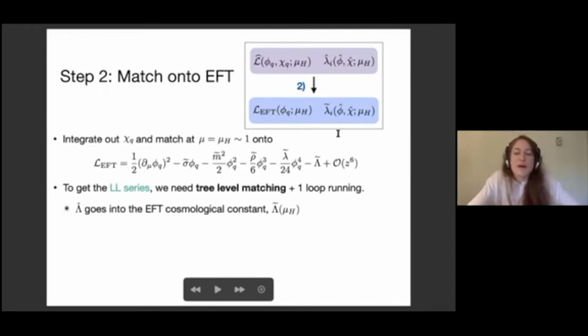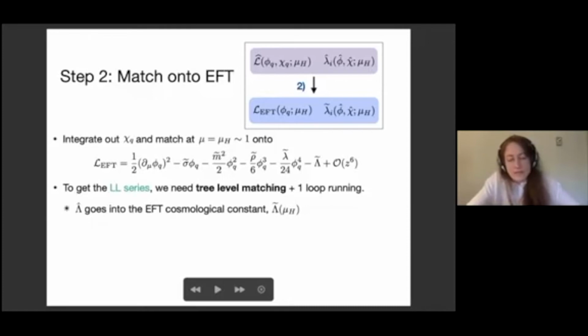We'll call the couplings in the EFT, which will depend, again, on these background values of the fields, we'll denote them with twiddles. So the hatted couplings are before we integrate out, and the twiddles are after we integrate out. For this example, I can do this by matching onto this Lagrangian up to quartic order in phi quantum that I've written here.